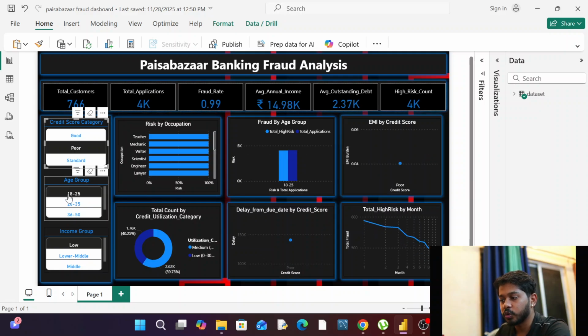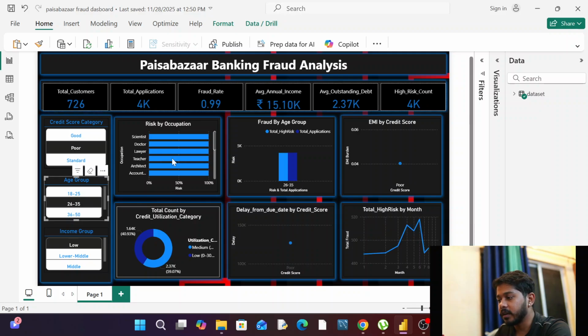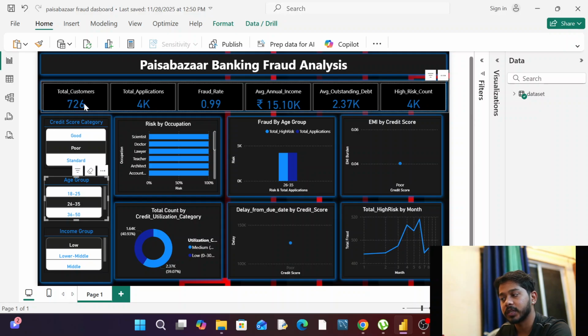Same goes with age group, and currently the age group is 18 to 25. If we want to see the statistics for 26 to 35, we will click this, and you can see the charts are changing. Now the total customers in the age group of 26 to 35 is 726. Total applicants is 4,000.